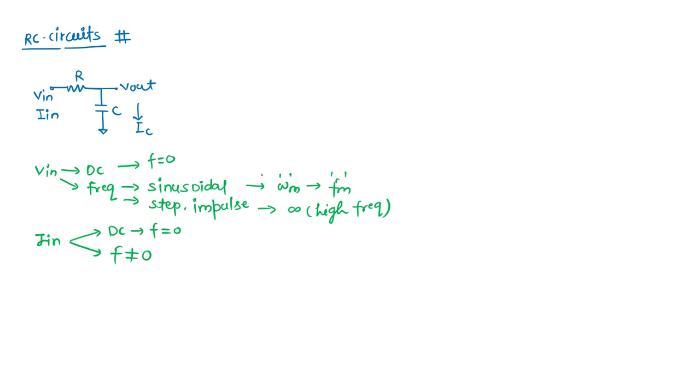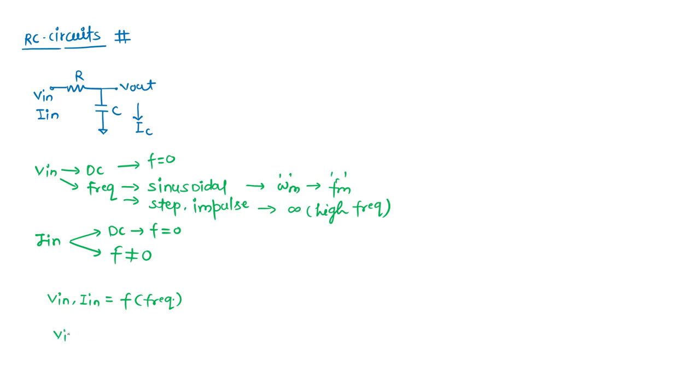So the one thing that should come to mind is that if my input can have a nature like frequency, then whether it is my input voltage or my input current, they are all functions of some frequency. Whatever the nature of the input, it is a function of frequency.